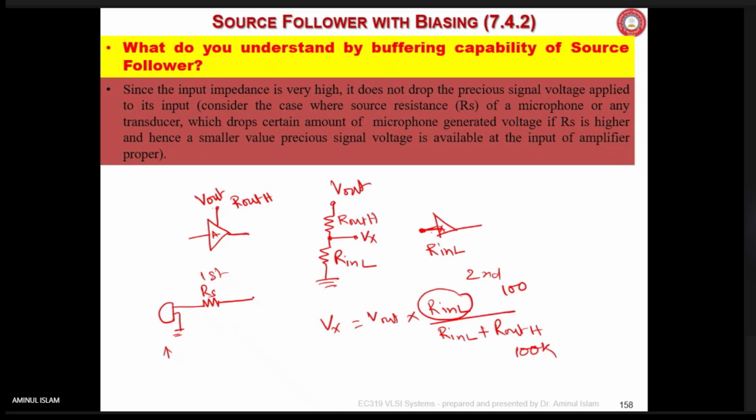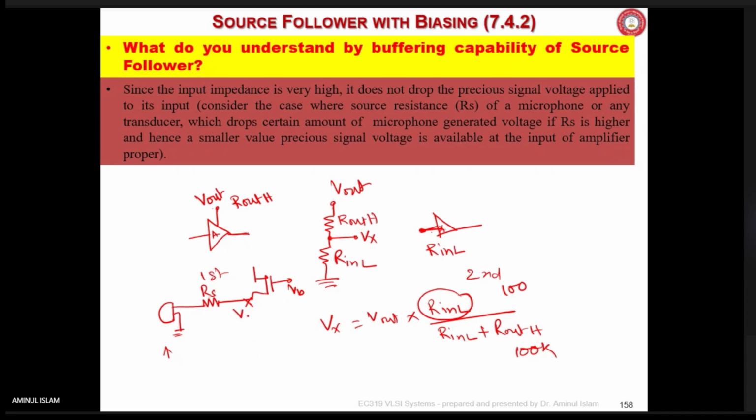So at this amplifier, suppose it is a common base stage, and reaching here it has some input impedance that we have discussed earlier.